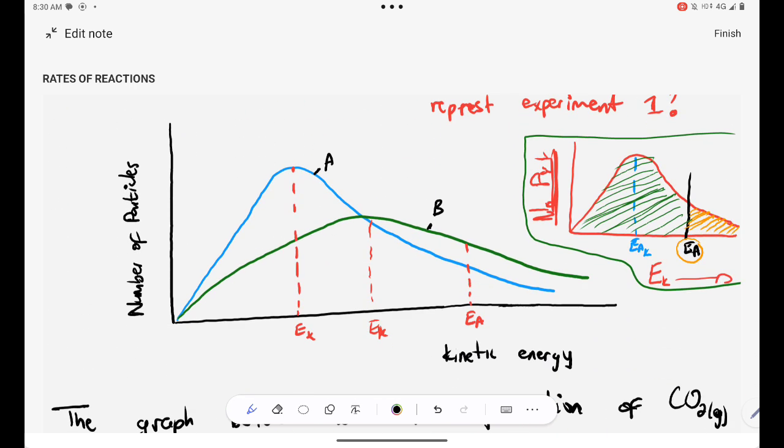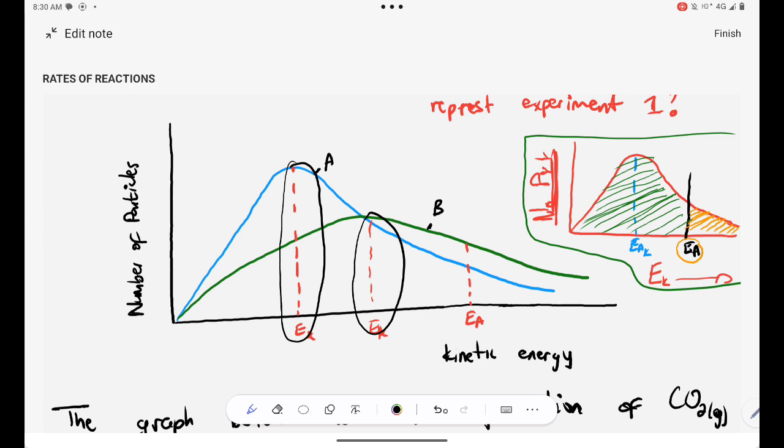Whenever my reaction occurs at a lower temperature, the average kinetic energy of my particles will be lower. Remember that on the x-axis, kinetic energy increases as you move towards the right. So the average kinetic energy over here is lower than this one.